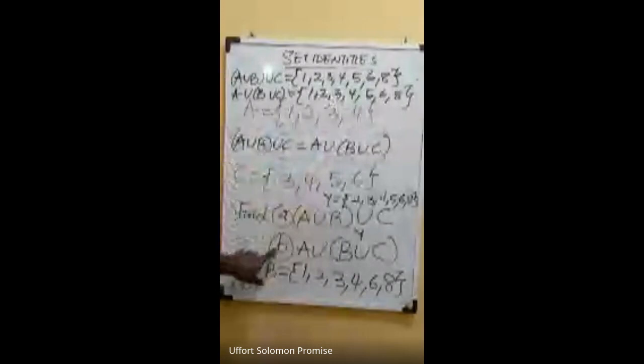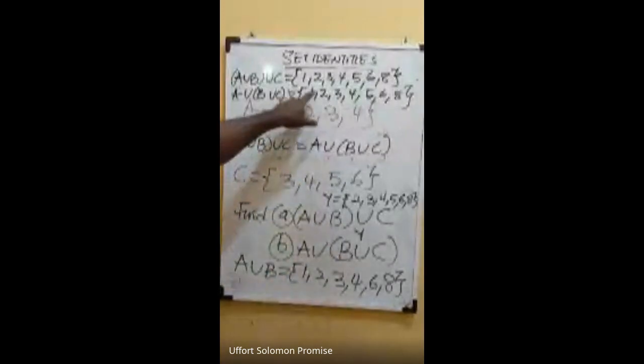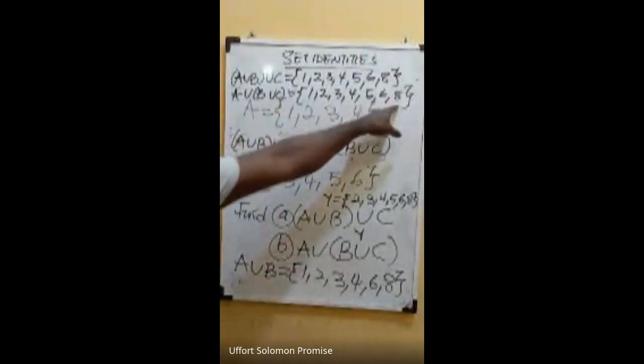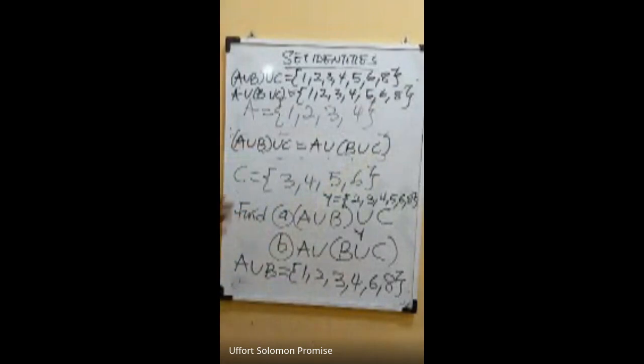Then when we found the B part, we had 1, 2, 3, 4, 5, 6, and 8. So A union B union C is equal to A union B union C. They are the same thing. Did you get that, James?